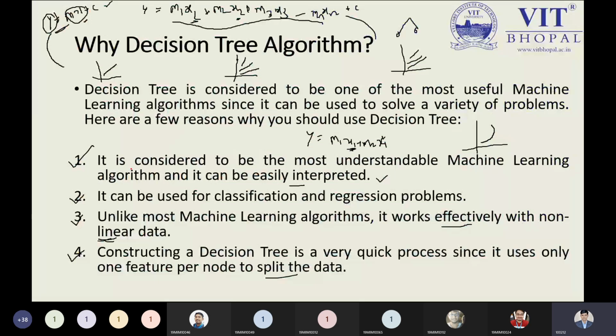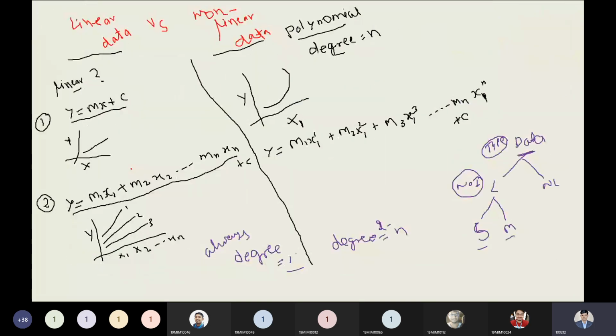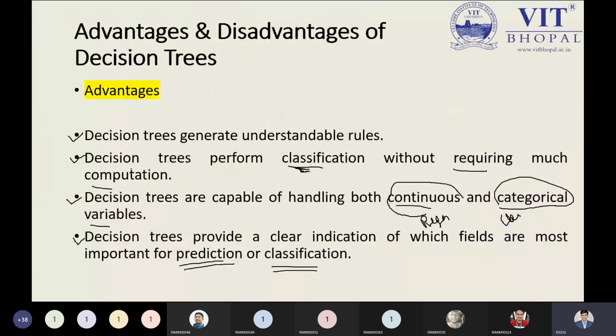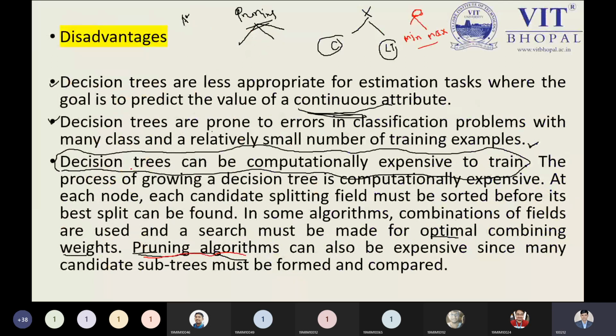We have seen why the decision tree algorithm is required, followed by the mathematics, where we need to identify the difference between linear data and non-linear data. After that we have seen the advantages and disadvantages, and why it takes much computation.